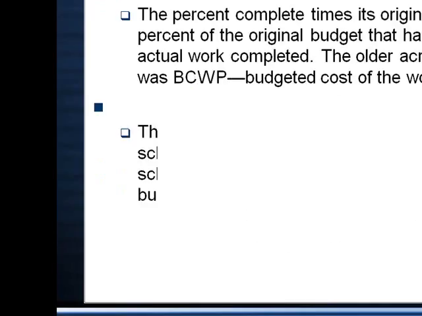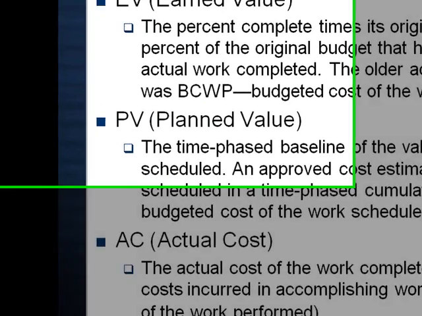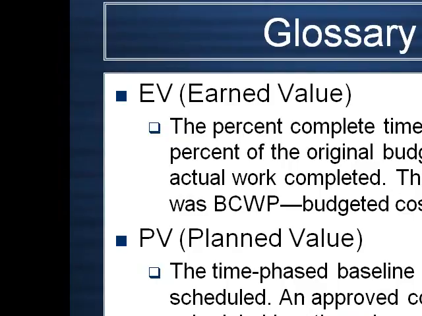Moving on to the 6th slide, I need you to know these terms. These terms are quite important. They're on the next 2 slides. Earned value, which is basically the percent complete times the original budget. So if the project is 20% complete, and we expect that it's going to cost 200,000 dirhams, the earned value is 40,000 dirhams. 20% times 200,000 dirhams.